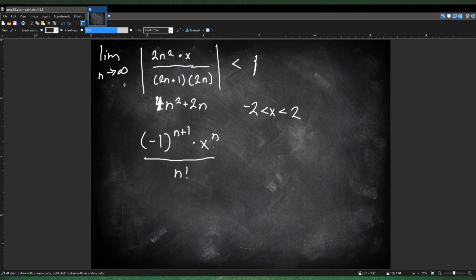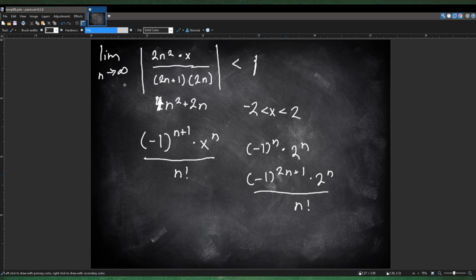If we plug in -2 here, then we have -2 to the power of n, which is the same thing as -1 to the power of n times 2 to the power of n. -1 to the power of n times -1 to the power of n plus 1 is just -1 to the power of 2n plus 1. And then you multiply by that 2 to the n divided by n factorial.